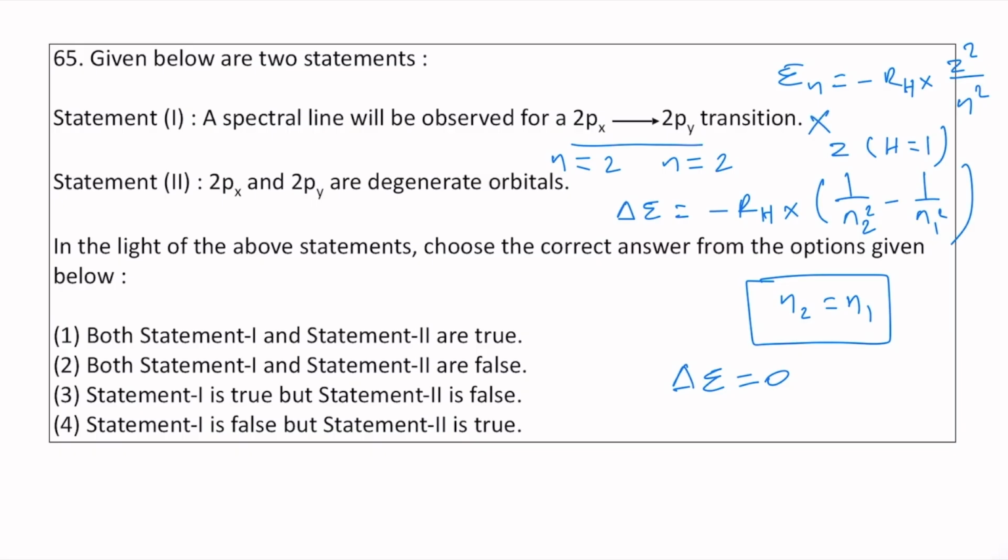How about statement 2? 2px and 2py are degenerate orbitals. In absence of external fields such as electric or magnetic, they are indeed degenerate because the energy will be one and the same. Therefore, statement 2 is true. Statement 1 is false, but statement 2 is true, and that is mentioned in option 4.